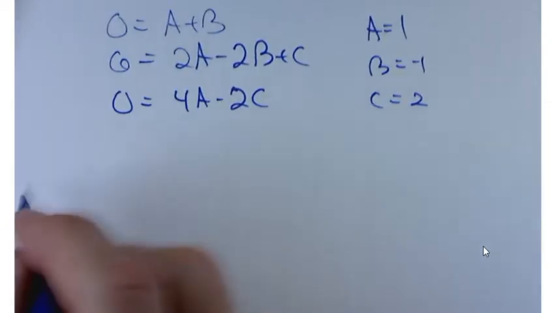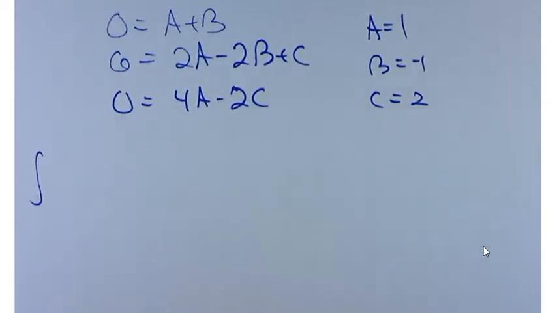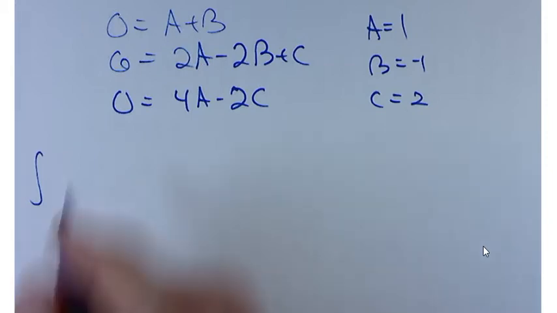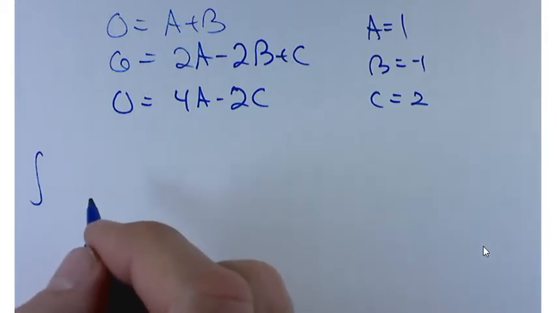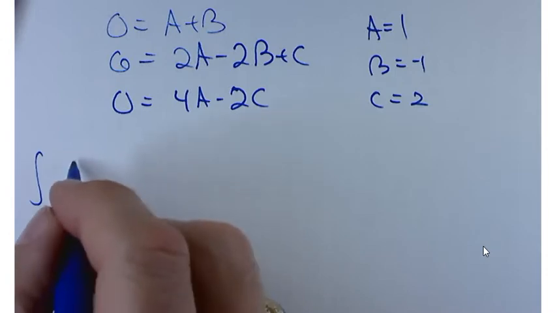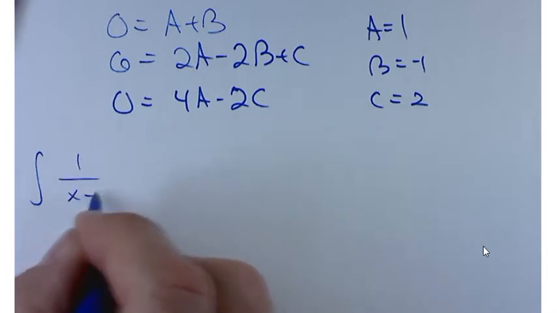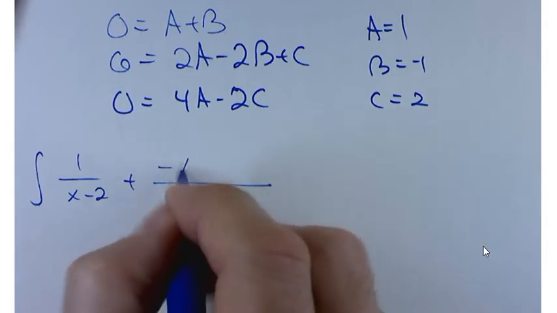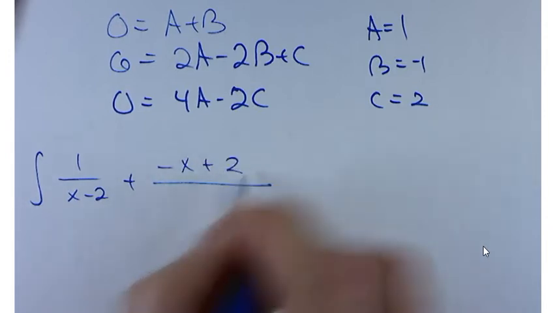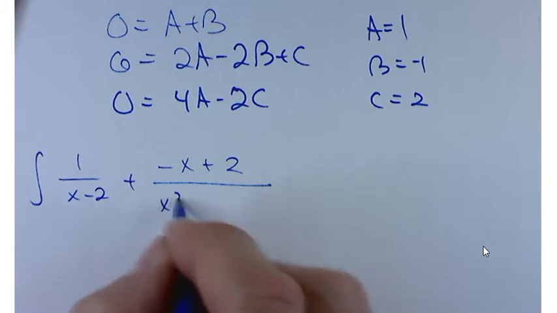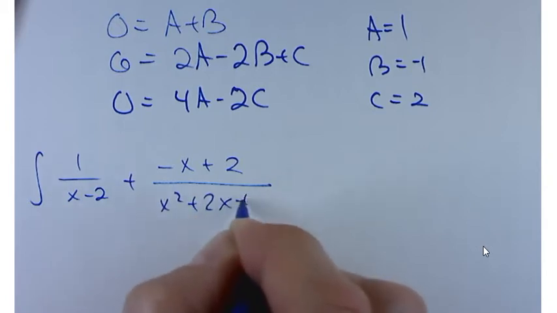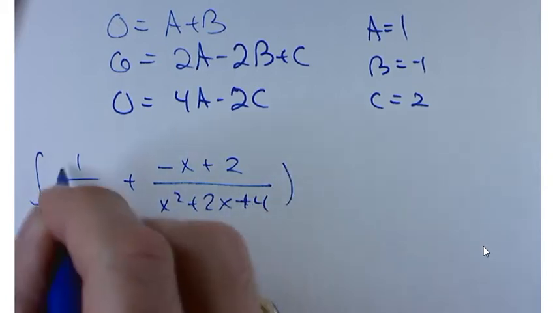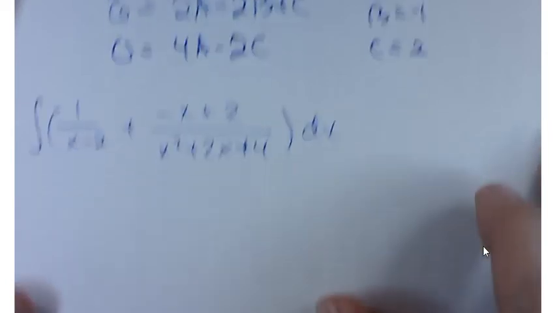Okay, so let's go back to the integral. That means that our integral is going to break up to 1 over x minus 2 plus negative x plus 2 over x squared plus 2x plus 4 dx.